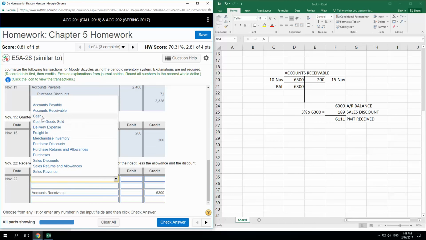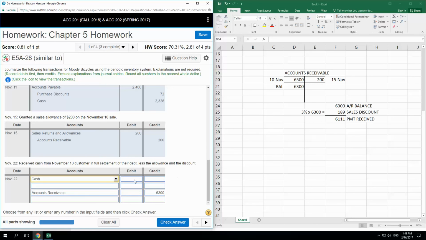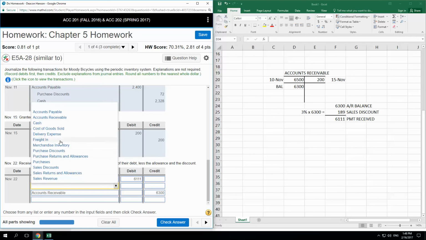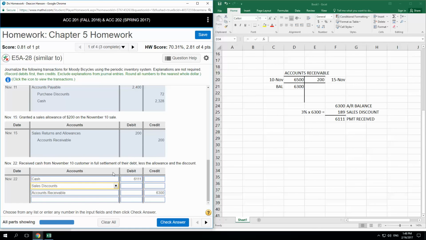We're going to receive cash of 6,111. That's what the customer cut the check for. Okay, and then the difference to make the whole entry balance will be to sales discounts, which is a contra revenue account, meaning it works in the opposite manner of revenue.